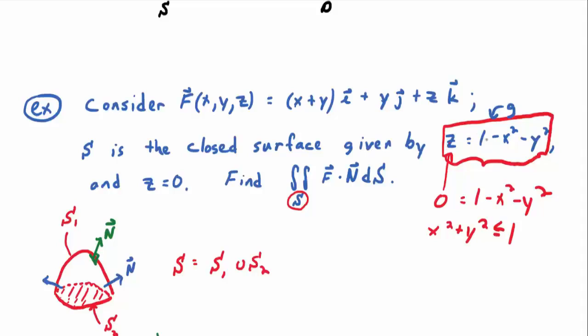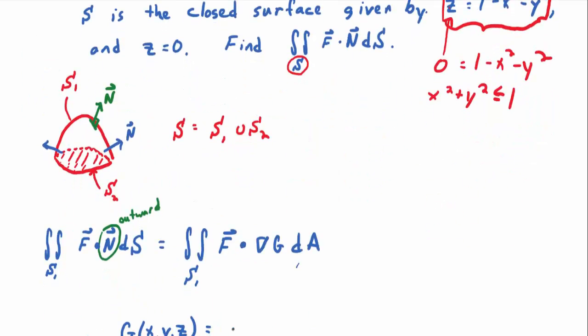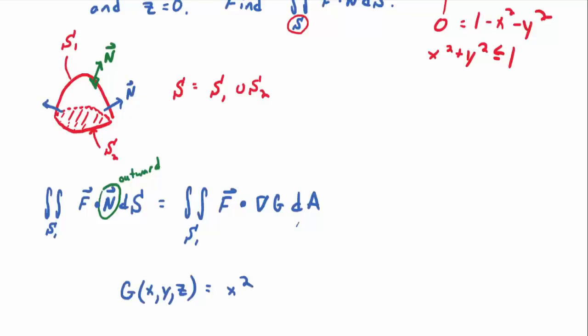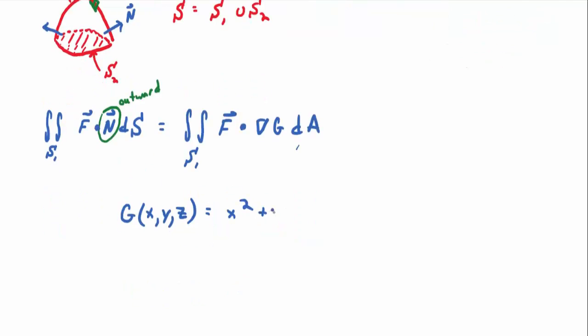So that means get the 1, the minus x squared, the minus y squared over to the other side. So we get x squared plus y squared plus z minus 1. Okay, that's the capital G from del G right here.